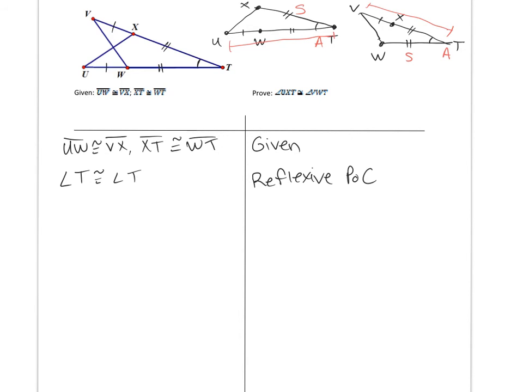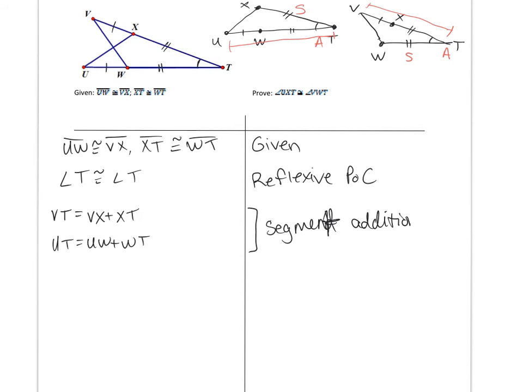So I'm going to start off by using the segment addition postulate to say that VT equals VX plus XT. Do the same thing with the other one. UT equals UW plus WT. Both of those are segment addition postulates.